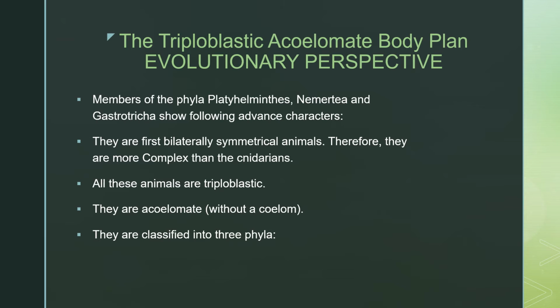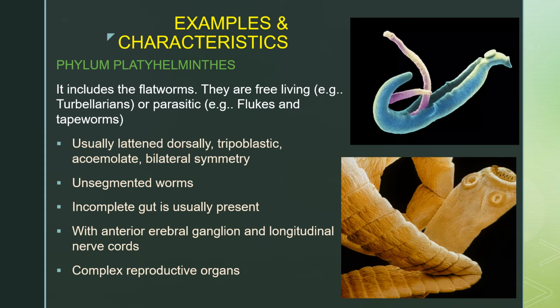All these animals are triploblastic. They are acoelomate, or without a coelom. They are classified into three phyla. These are the examples and characteristics of the three classifications of phyla.